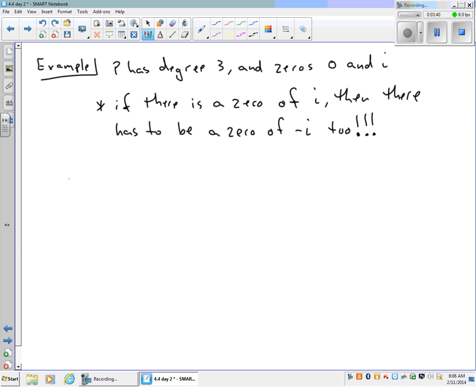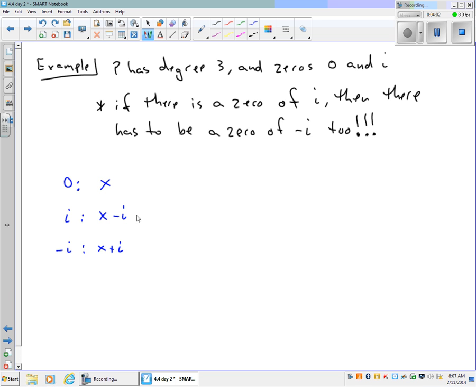So we're going to have a factor for the zero of 0, which is x. A factor for the zero of i, which is going to be x minus i. And then we have a factor for negative i, which is x plus i. So now we have our 3 factors.